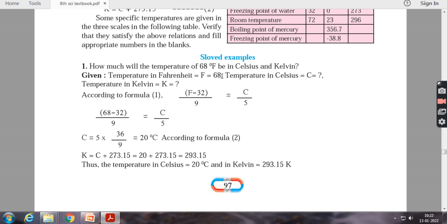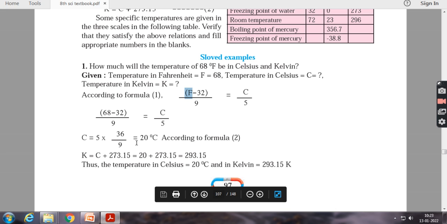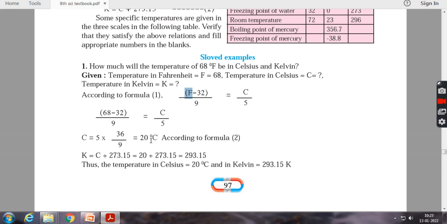Writing 68 for F, (68 minus 32) upon 9 is equal to C upon 5. 68 minus 32 becomes 36. Cross multiplying, it becomes 5 into 36 upon 9. Nine fours are 36, and 5 multiplied by 4 becomes 20. So C is 20 degrees Celsius.